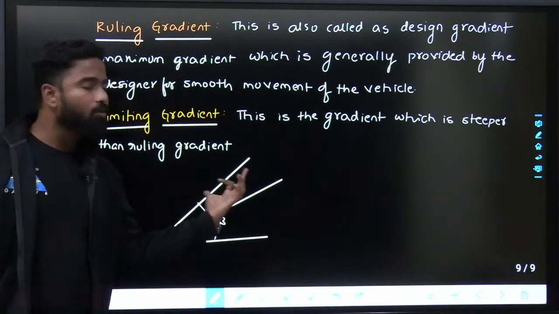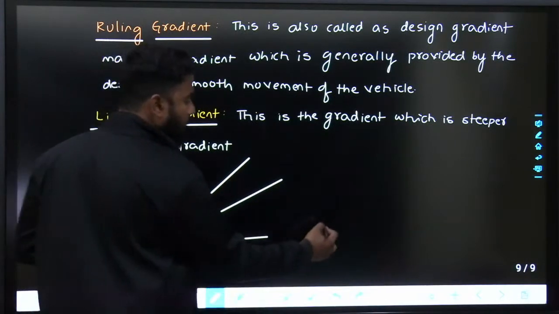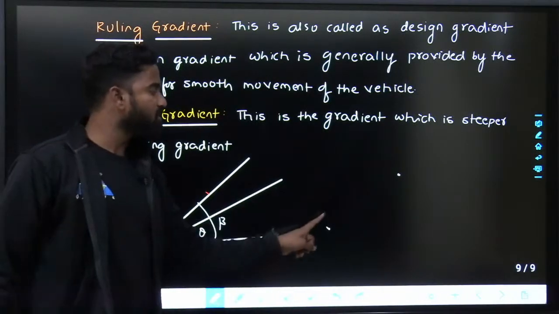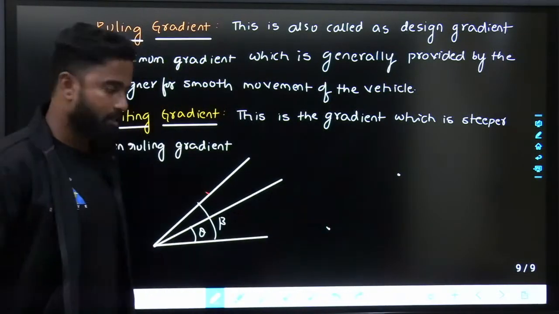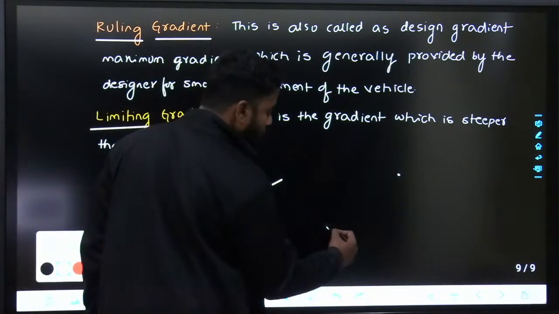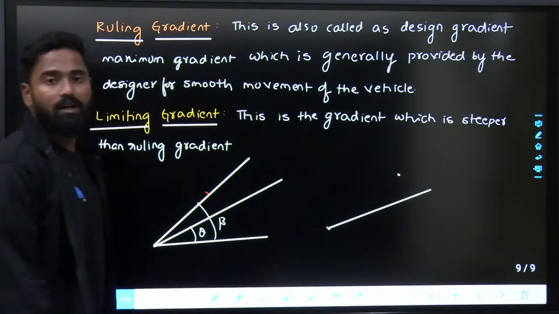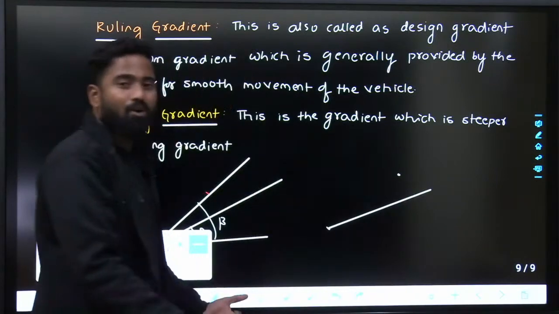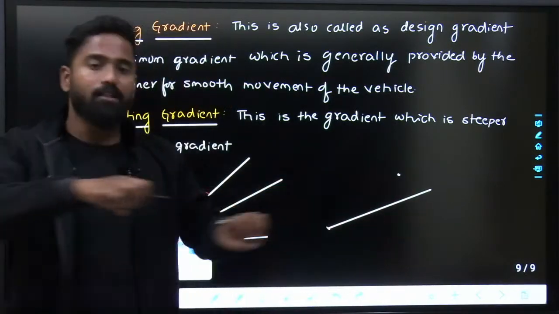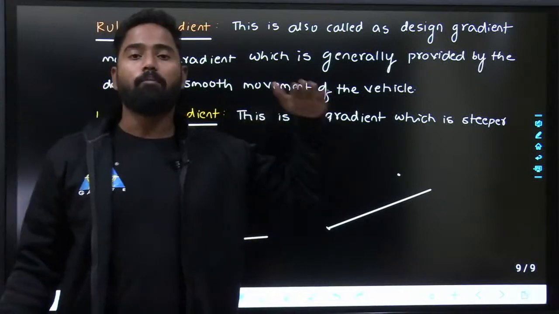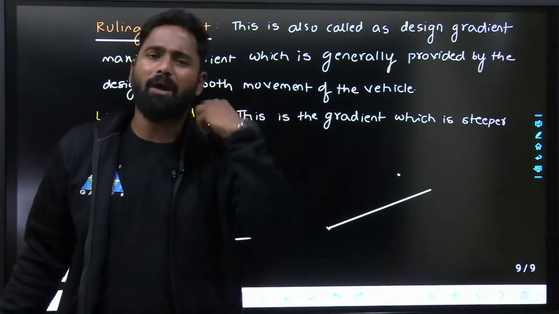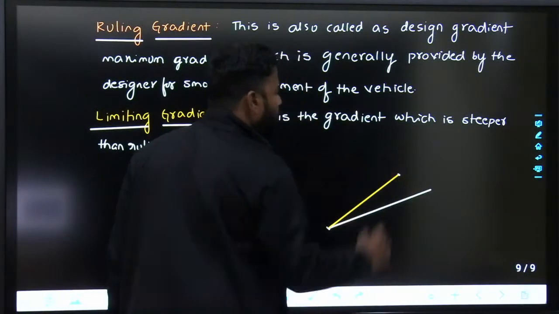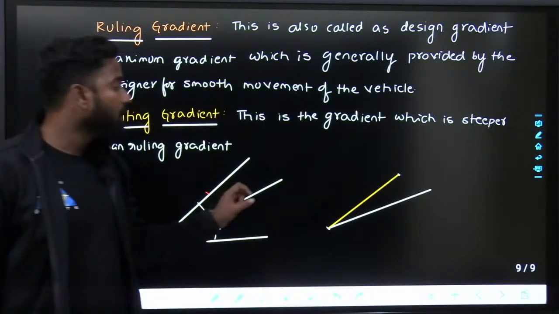In the places where you can't provide ruling gradient, you have to provide a road from this point to this point, and based on your design you got a gradient something like this, but that space is not available, or you were not able to take the land from the people, or you were not able to put a tunnel into it. There might be many problems in the field. Because of this you provide a gradient more than ruling gradient, that is called limiting gradient.